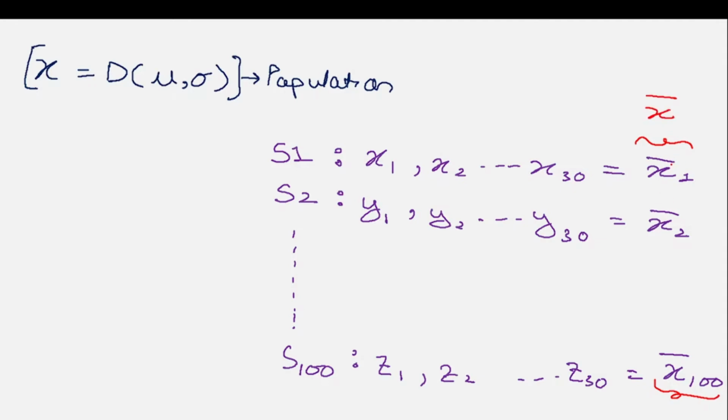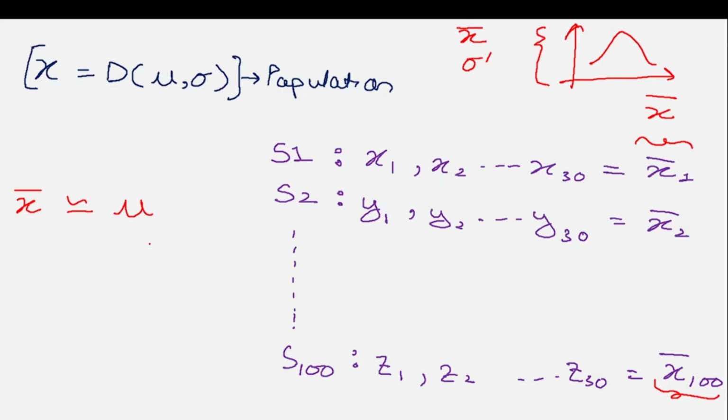Now, as per the central limit theorem, if I plot the sample means of all the 100 samples, I will get a normal distribution. This normal distribution will also have a mean and a standard deviation. I call the standard deviation sigma dash. As per the central limit theorem, the mean of all the sample means, that is X bar, will be nearly equal to the population mean mu.